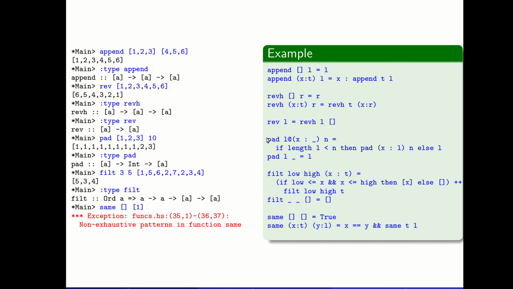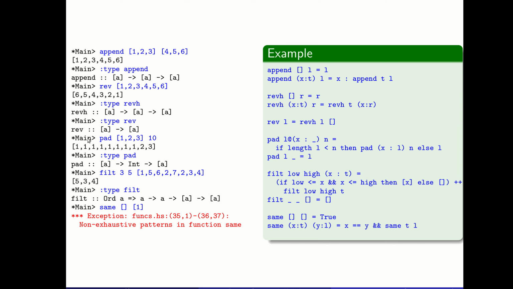Here's a pad function that takes some list that has a head and some tail and a number n. It's trying to pad out a list until it is of size n. So if the length of our list is less than n, then it will recursively call pad, repeating x, the head.